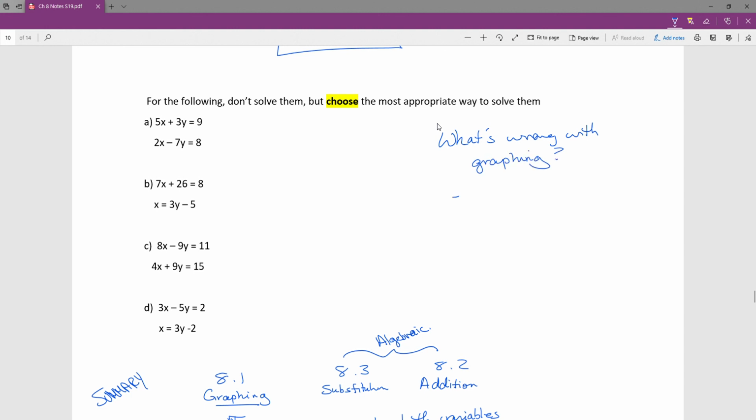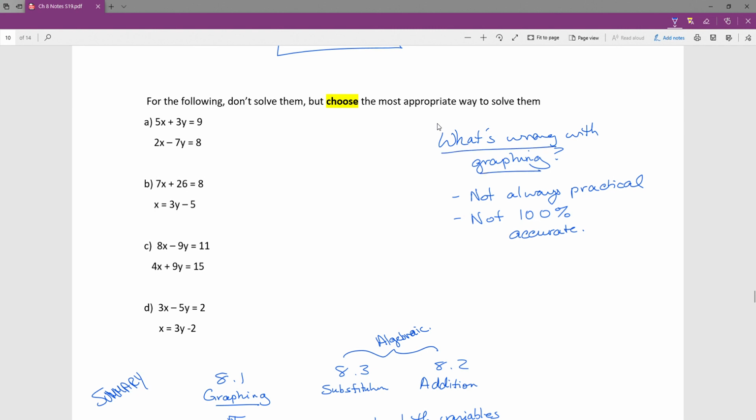Is that it's imprecise, and so it's not always practical. And it's not always 100% accurate, especially with my approach to drawing graphs.